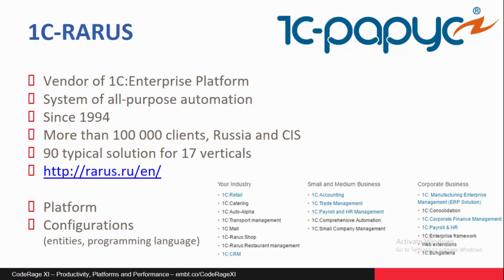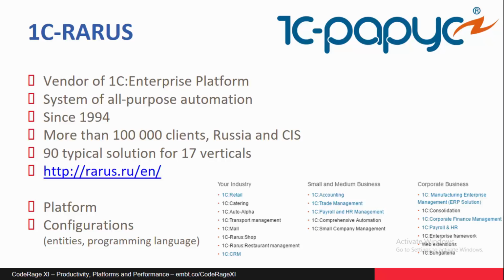And let me please introduce the company to you. It's a well-known, very big Russian vendor of the 1S enterprise platform. This platform is widely used to build systems for all purposes: to automate car services, transport management, shops, restaurants, accounting departments, trade management, and many different things.